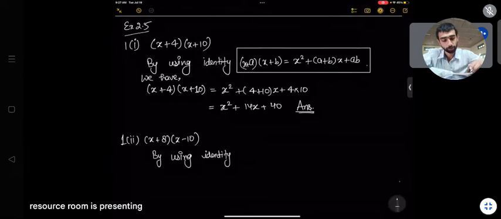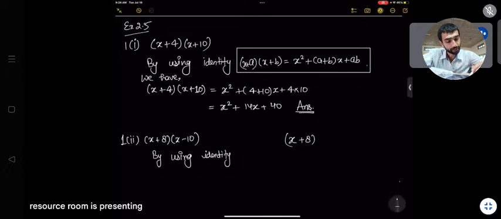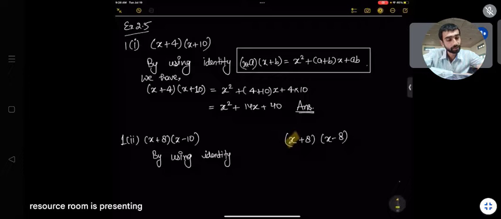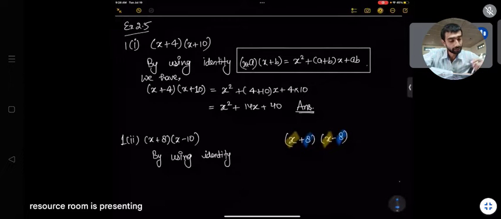Those who are saying there is a confusion, see, if it is like x plus 8 and x minus 8, the meaning is this term is same and this term is same. Only then we will use identity 3. What is identity 3?